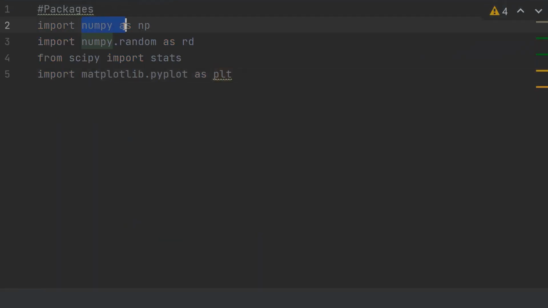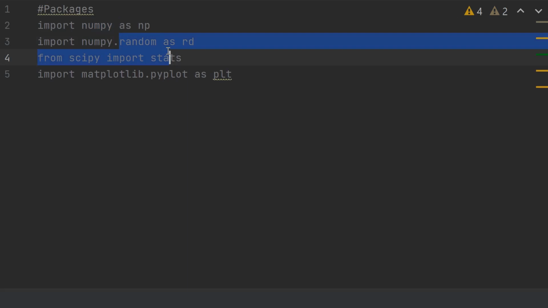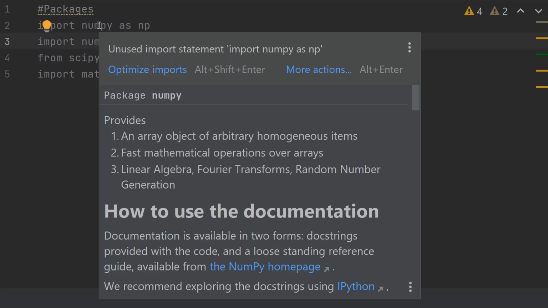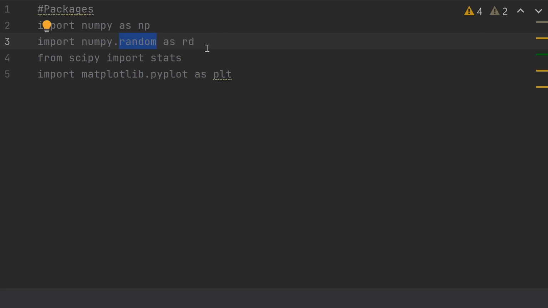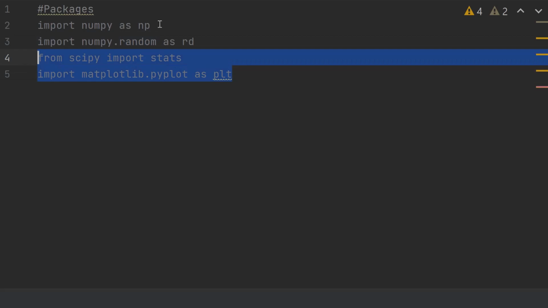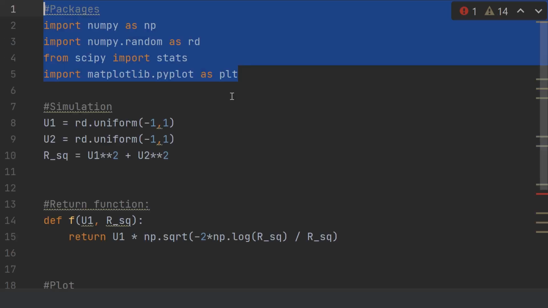I import the NumPy package, the NumPy random. The NumPy package gives me some tools like square roots and some important methods of storing data. And then the random module lets me simulate my uniform random variables, and then the rest are used for the plots.